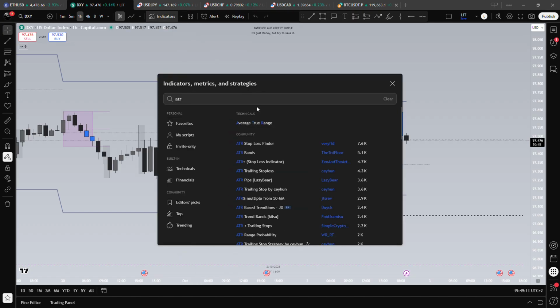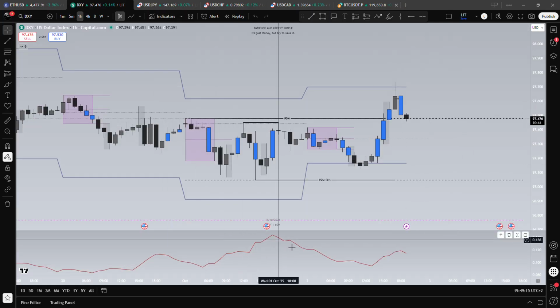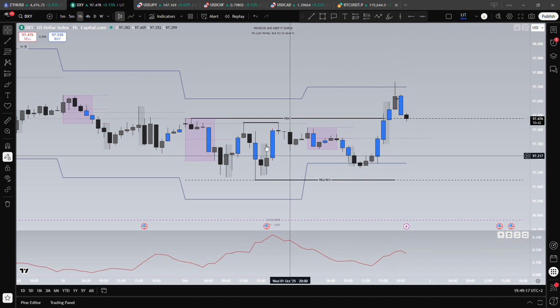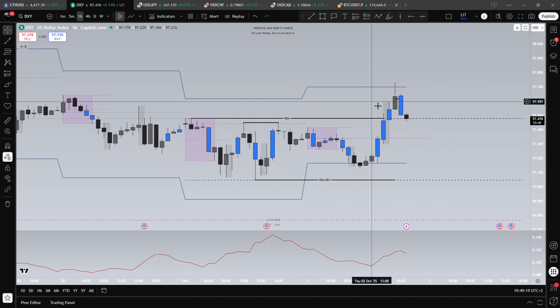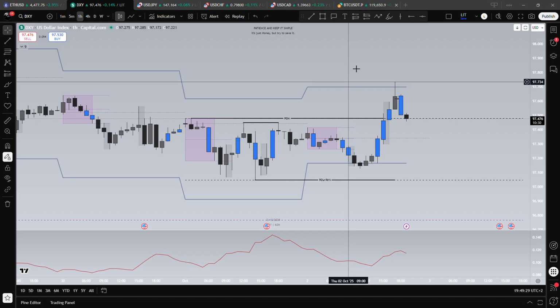Let me show you. Usually it's represented with a line, and it represents volatility, but when you have it on your chart, it marks up volatile levels, more or less, or levels that have a limit.